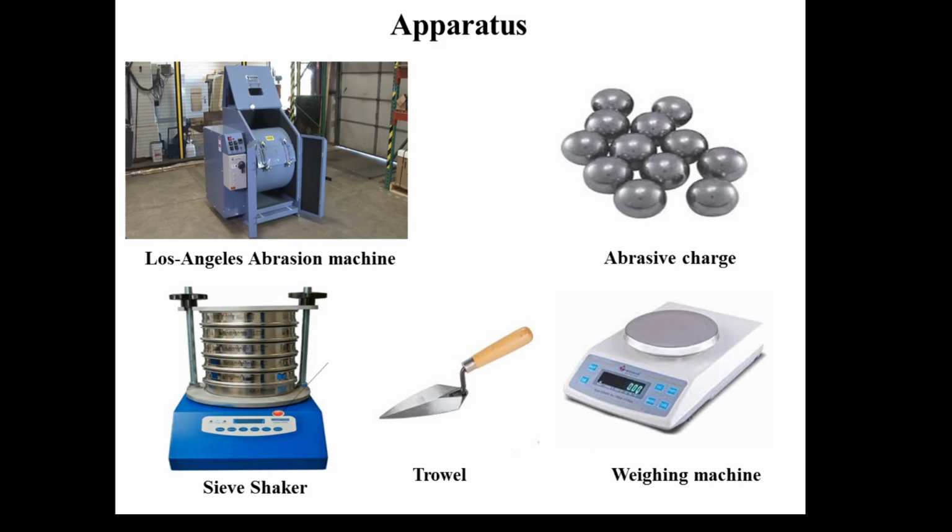The number of abrasive spheres varies according to the grading of the sample, and the quantity of aggregates to be used depends upon the grading. This is the sieve shaker, trowel and the weighing machine.